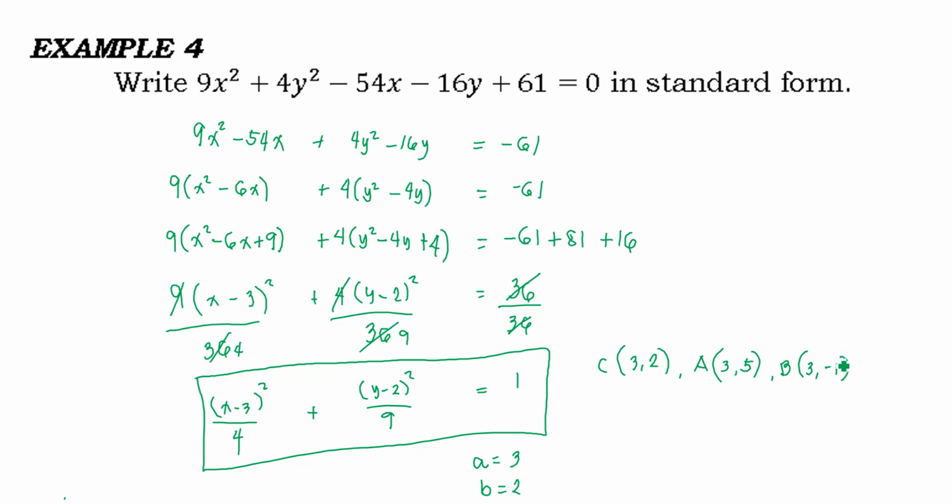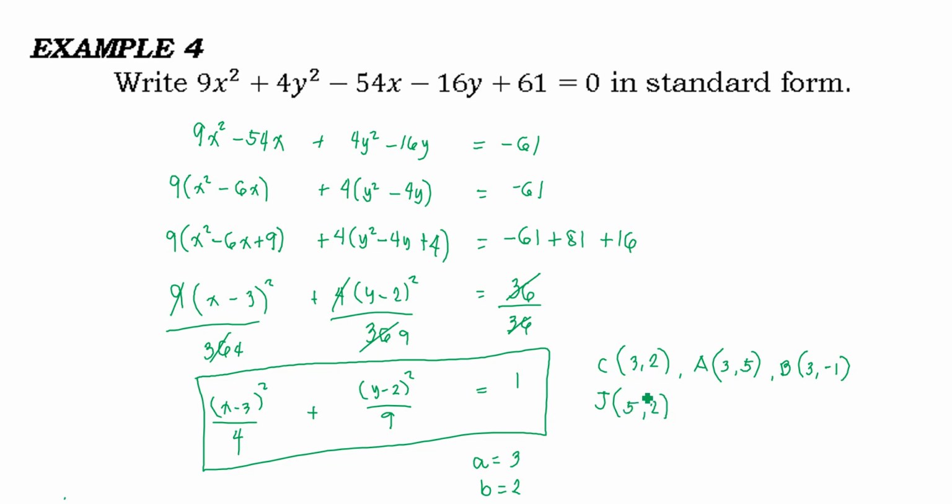For our co-vertex naman, let's say we have J. So here, we are just going to copy the y coordinate of the center, which is 2. Okay, dito naman, the x coordinate 3 would be added by 2. So magiging siyang 5.